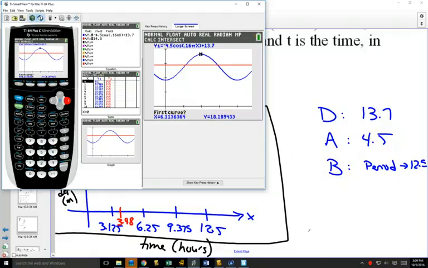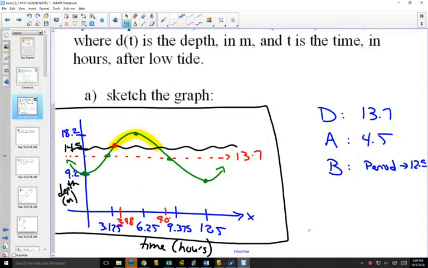You can probably do it quicker on yours. If I do it too quick, my calculator crashes. Now I think the cursor is closer to the second one. Push enter first, second curve, guess, push enter again. Sure enough, it found it at 9.02. That's the second intersection point.